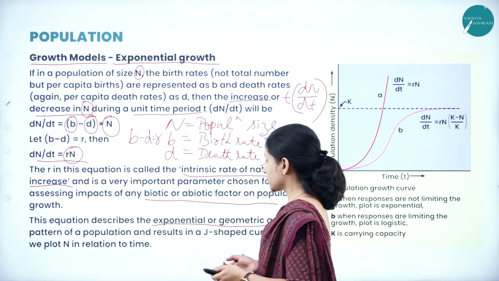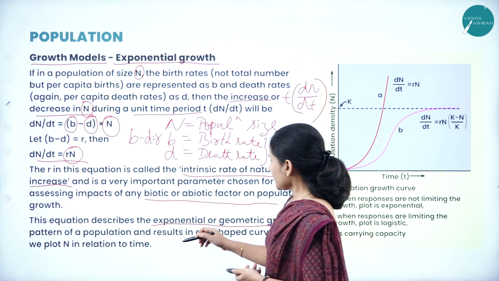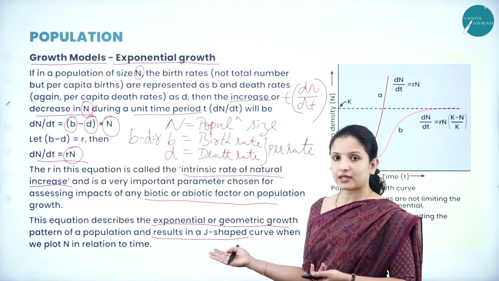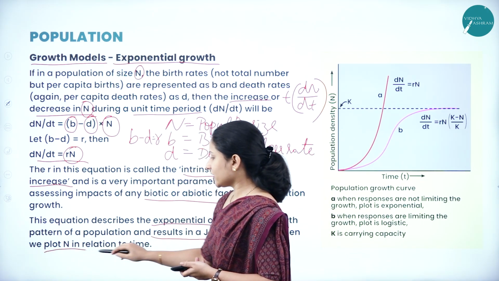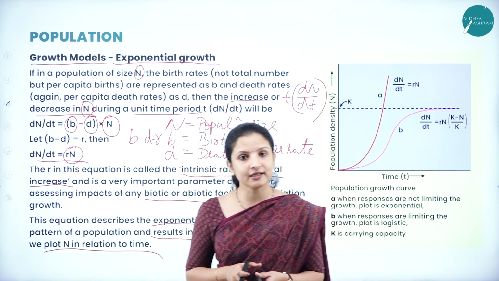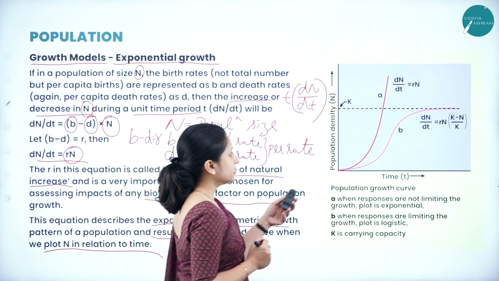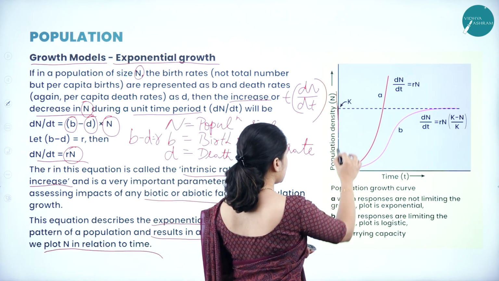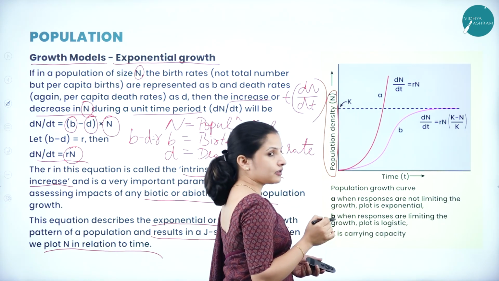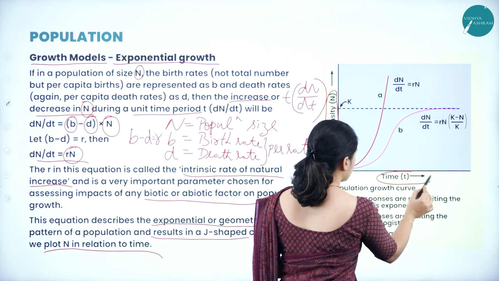This particular graph results in a J-shaped curve when we plot N in relation to time, that is population density in relation to time. If you see here, they have plotted the population density, N, in relation to time t.